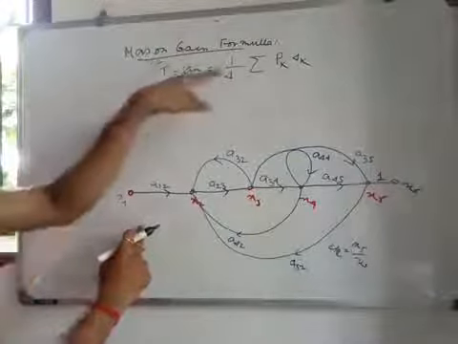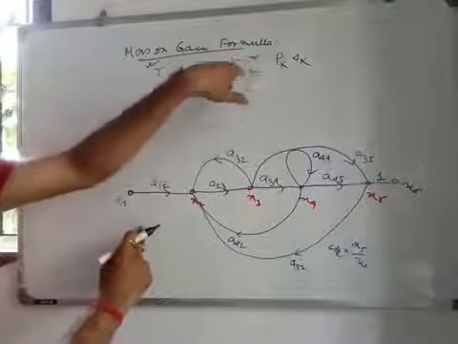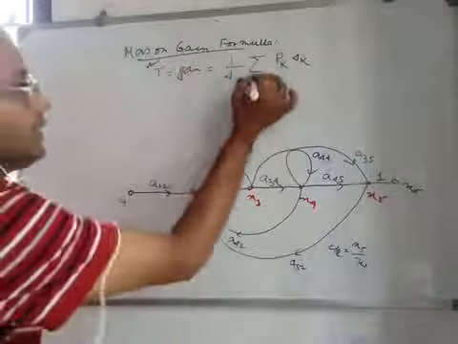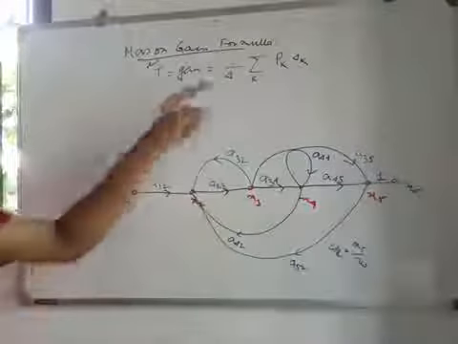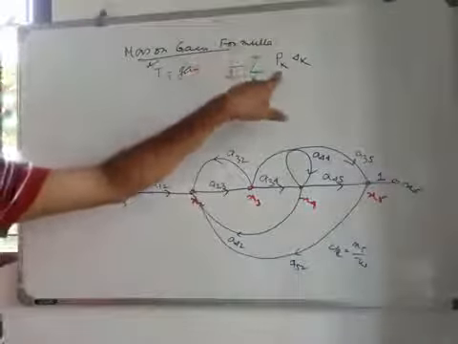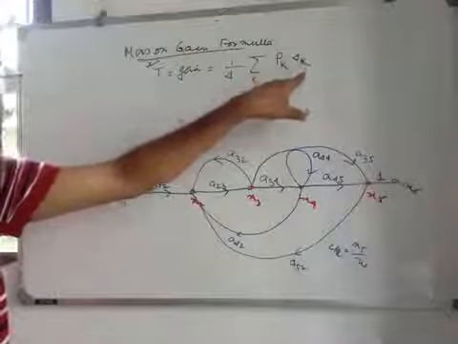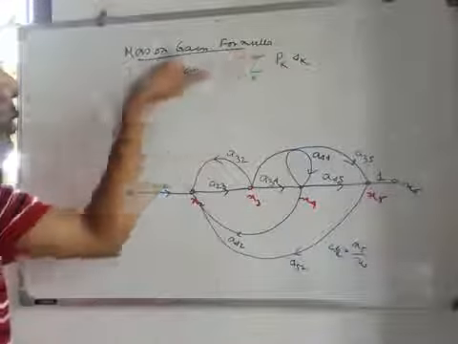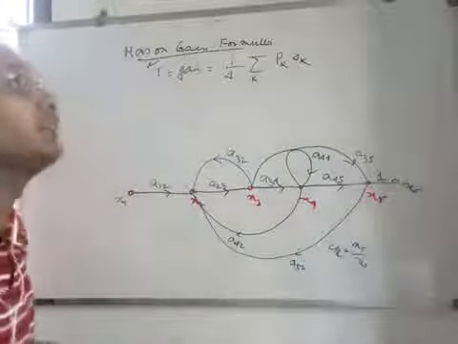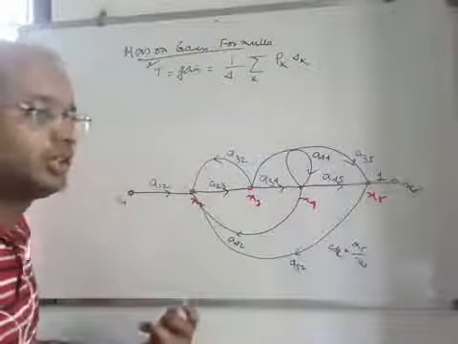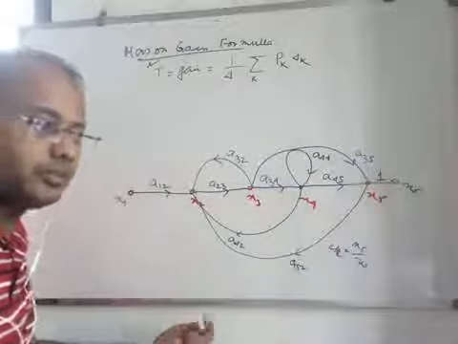So delta, Pk and delta k, this is summation over k. That means the variation of k will give you the variation of P and delta, and ultimately this is the formula by which you can get the overall gain of any system, right?